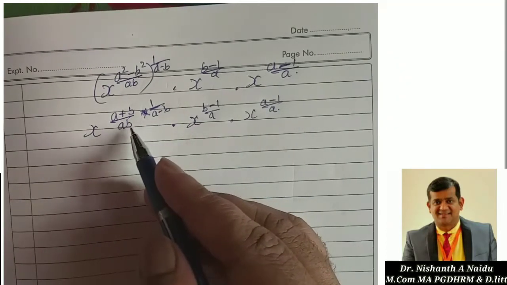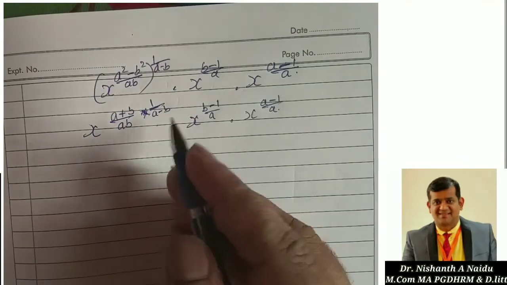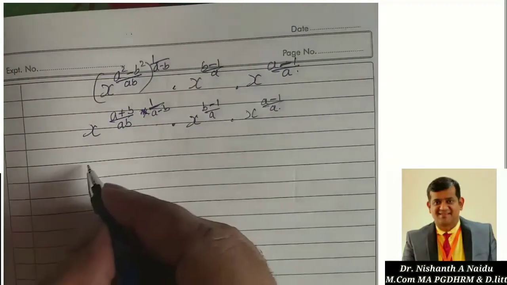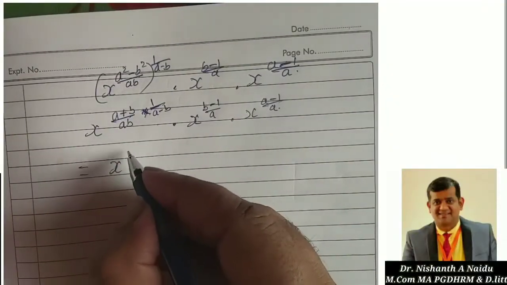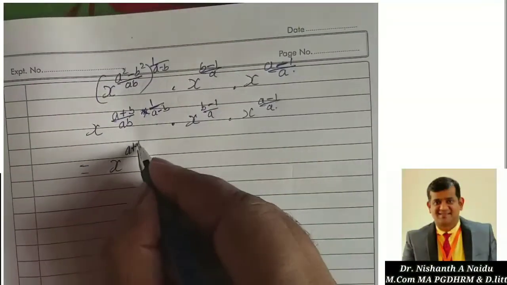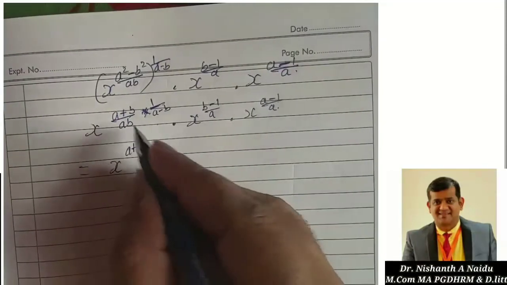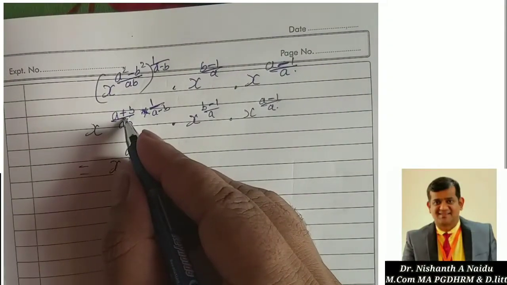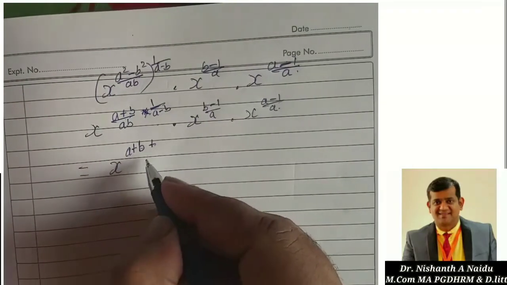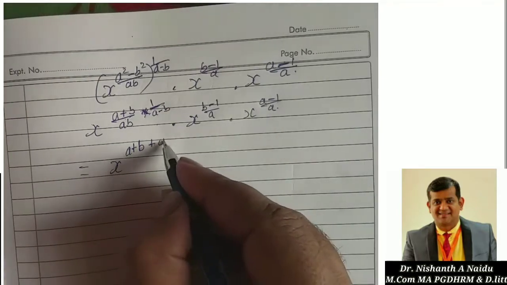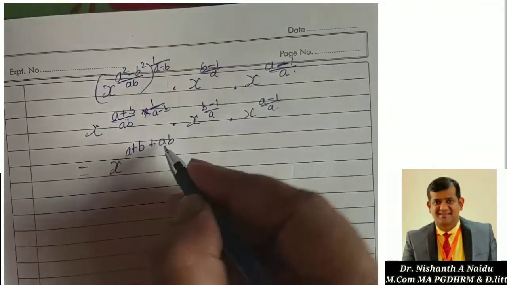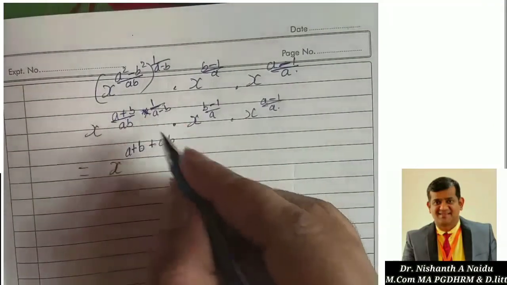So then your answer for the next step is going to be x to the power of A plus B, A plus B have written the same thing, A plus B, plus AB, plus AB, plus AB, that is AB into 1.